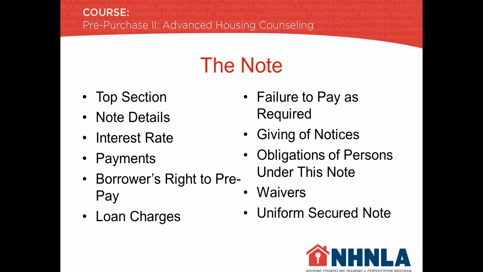The lender is going to be listed here, as the buyer is promising to pay the amount of the loan plus the interest to the lender. And this section is also going to indicate what type of currency is acceptable to the lender. For instance, cash, check, money order. So that'll be identified in the note details section here.